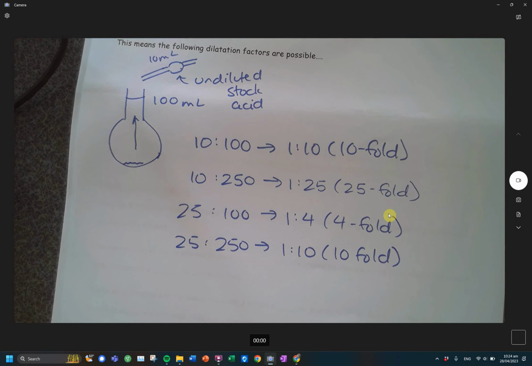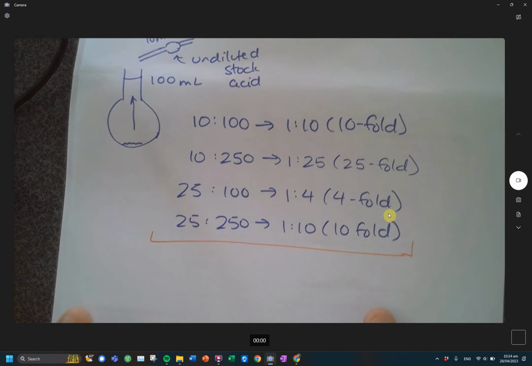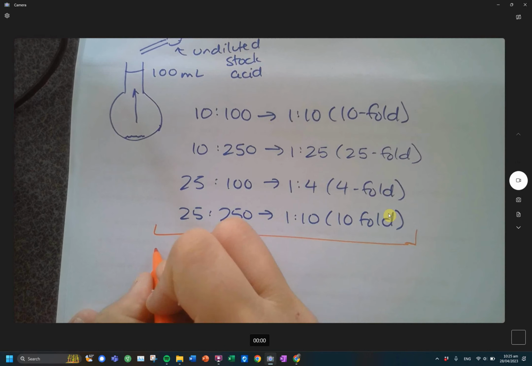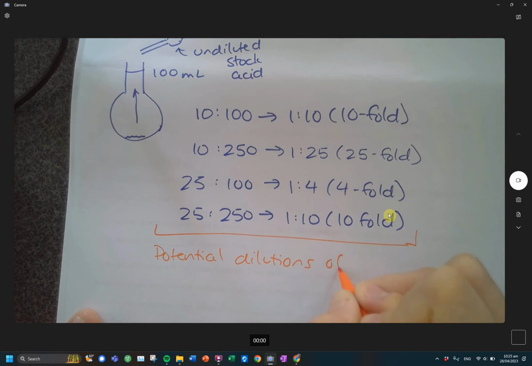All right, so that list here are my list of potential dilutions that I can have for the acid. So these are going to be my desired dilutions of the acid.